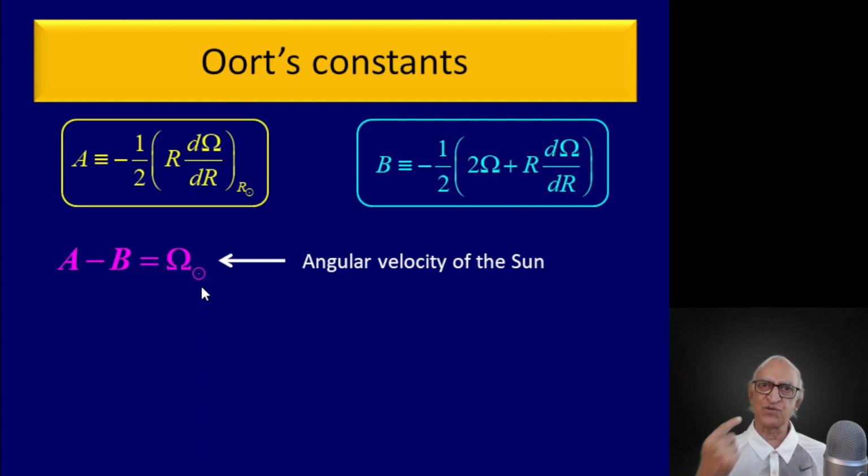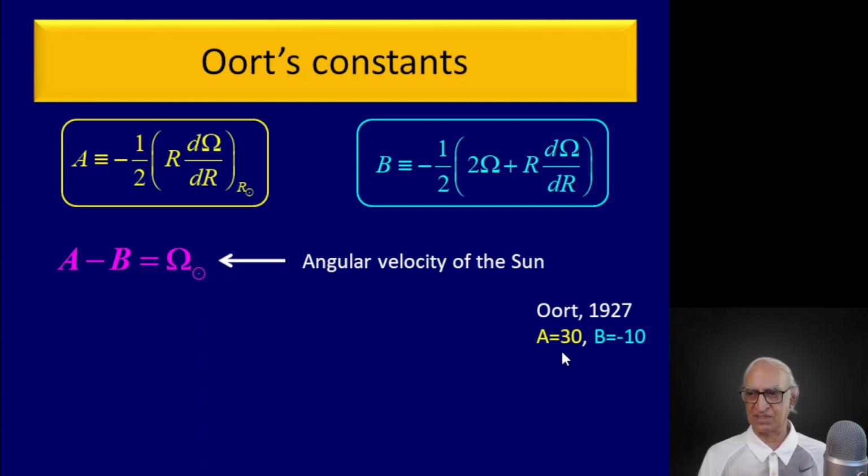So if you could determine A and B by observing nearby stars, then A minus B will tell you the angular velocity with which the sun is going around the center of the galaxy. Now in 1927, Oort estimated the value of A was 30 and the value of B was minus 10.